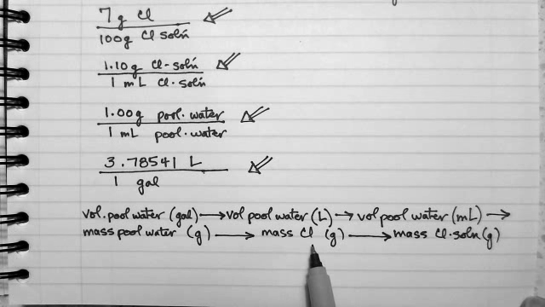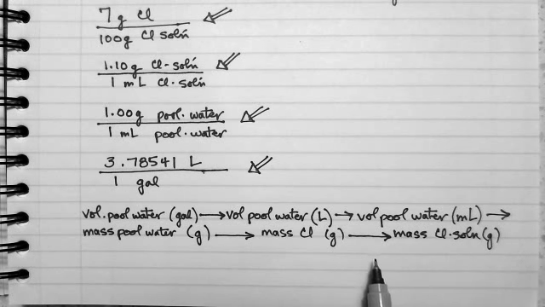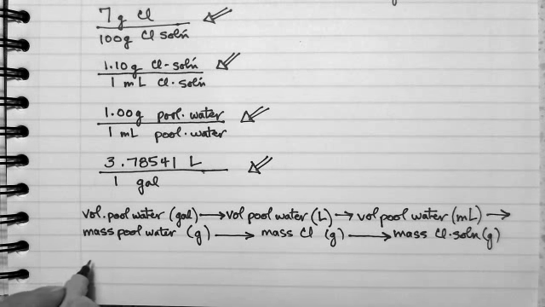And to go from the mass of chlorine to the mass of chlorine solution, there we are using what conversion factor? We'll be using the mass percent composition of that chlorine solution. So now that we have our mass of chlorine solution in grams, we want it in volume, so we'll have to use a density.